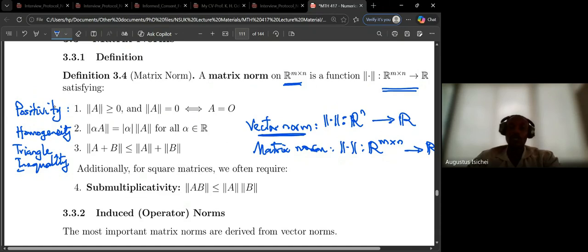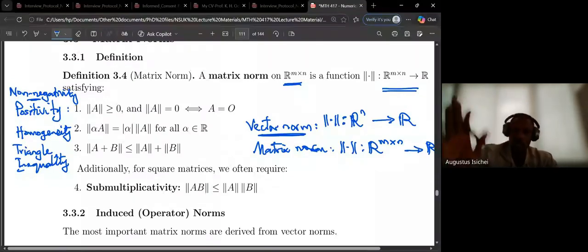So, positivity and non-negativity, they are synonyms. They are the same thing, right? I just wanted to hear you call it what I called it earlier.